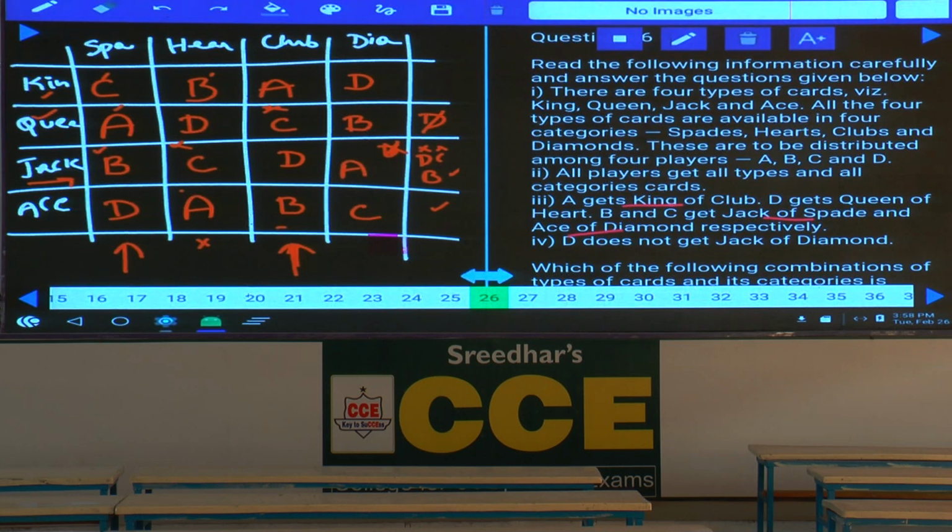Then let us discuss 32 to 35. Have you completed writing this? Then question numbers 32 to 35.